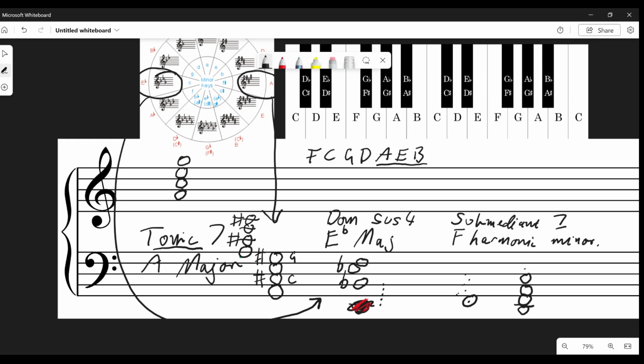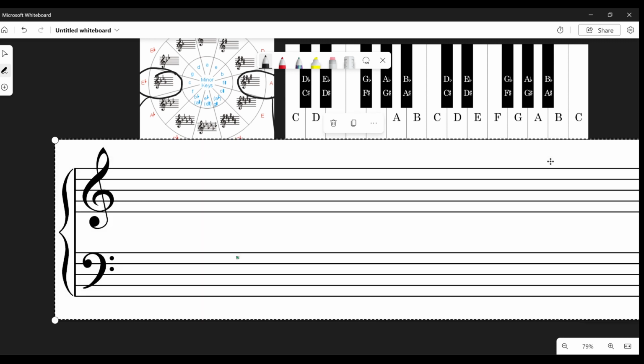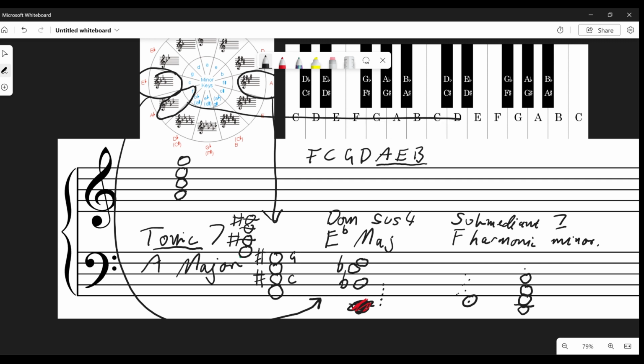Now on the circle of fifths, what am I going to be using? Oops. That's not good. Undo that. Alright, which key signature am I using on the circle of fifths? F minor. So I'm here, right? How many flats do I have? 4.